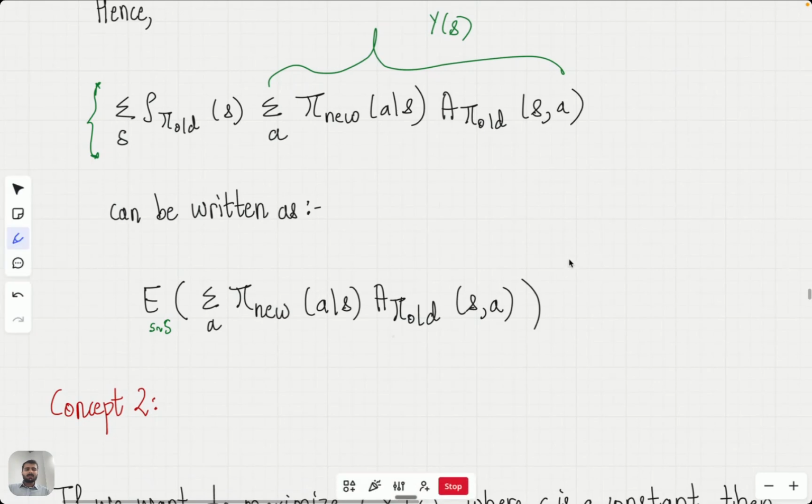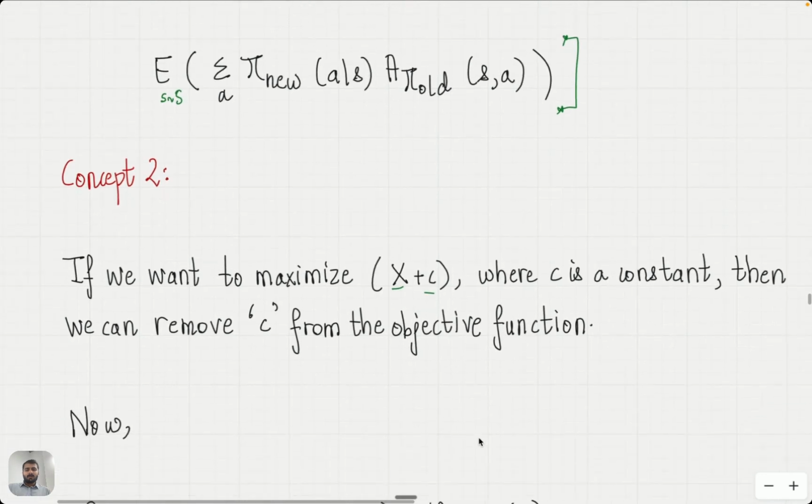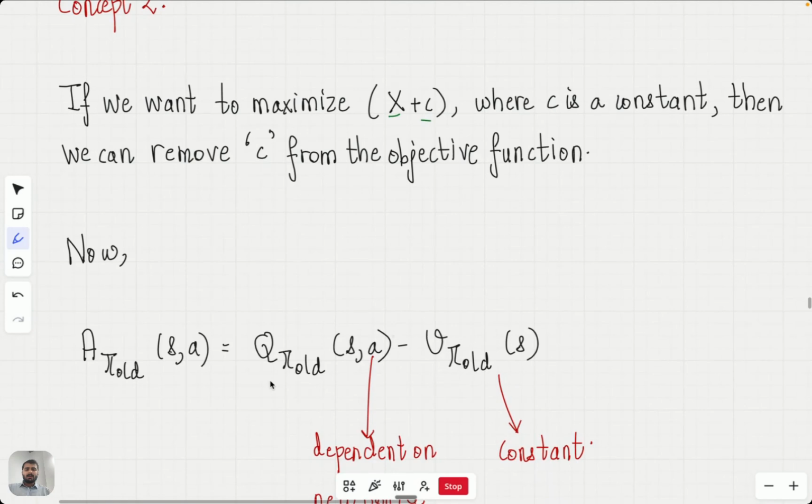Now we will do another simplification. We have now reached here, but we want to make it even simpler. And the way we do that is as follows. If you want to maximize x plus c, where c is a constant, then we can remove c from the objective function. We in fact did that initially when we removed n of pi old. So here you can replace the advantage by q of pi old minus v pi, which is the action value function minus the state value function.